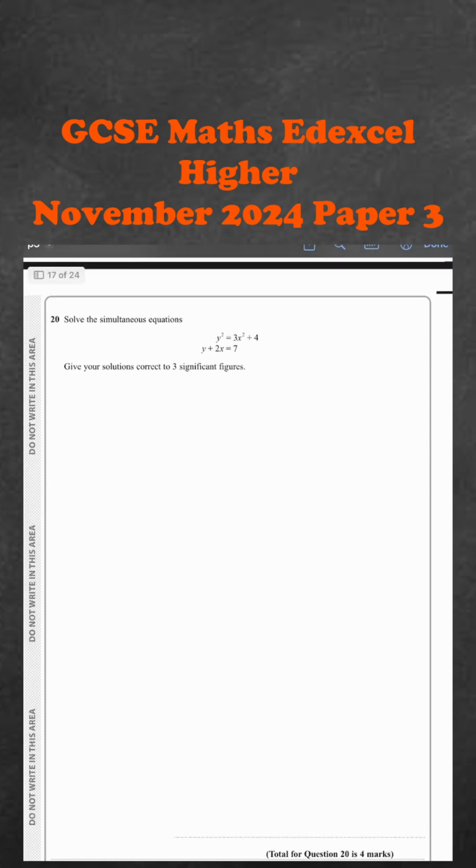Question 20. Solve the simultaneous equations y squared equals 3x squared plus 4, y plus 2x equals 7. Give your solutions to three significant figures. So I'm just going to put equation 2 into equation 1. So we get y equals 7 minus 2x, just rearranging equation 2.